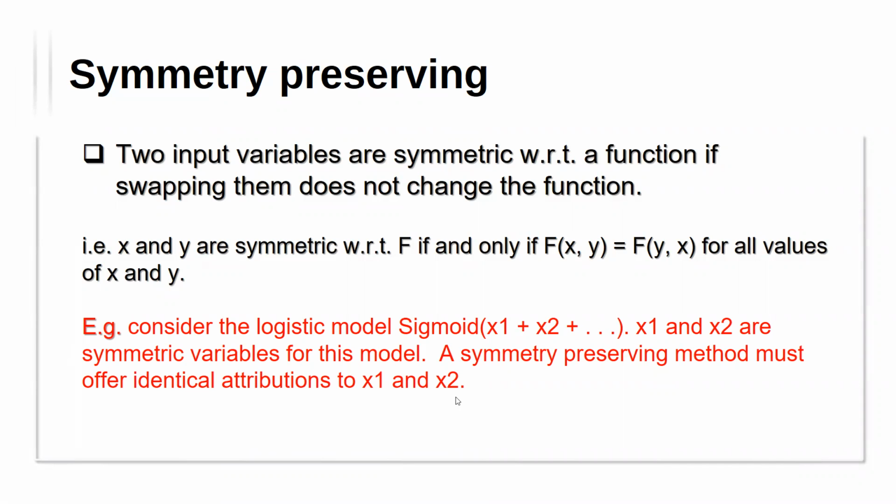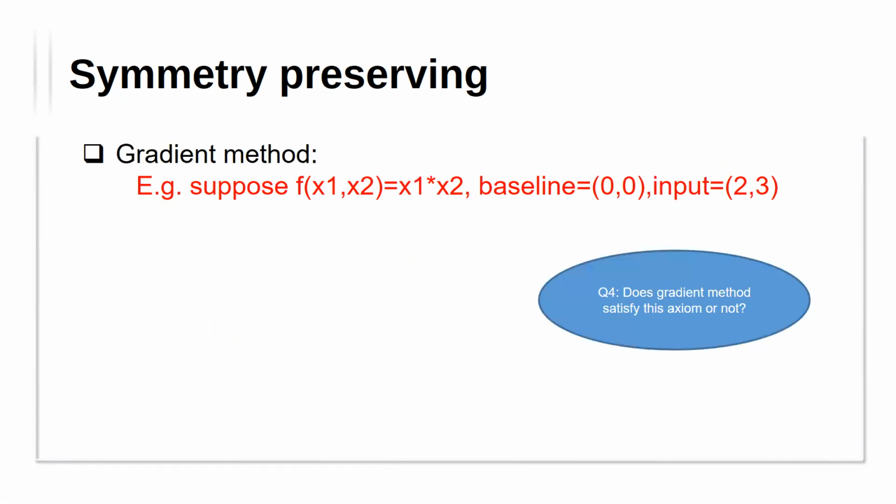For example, if f is a sigmoid of x1 plus x2 plus some other values, x1 and x2 are symmetric variables for this model. So any attribution method should always assign the same attribution values for x1 and x2. This is very straightforward. And for the gradient method, I use the old example again.